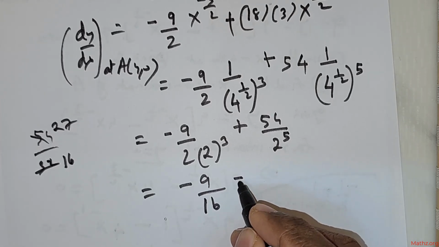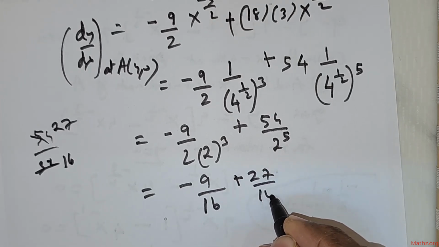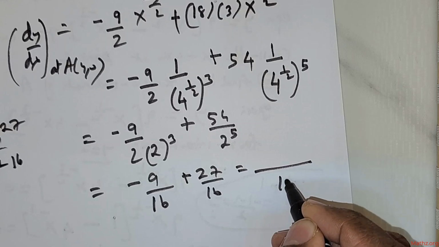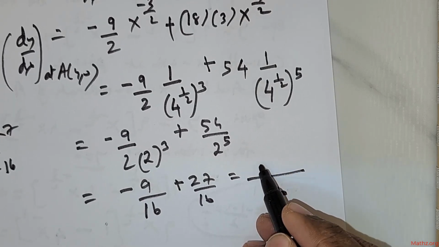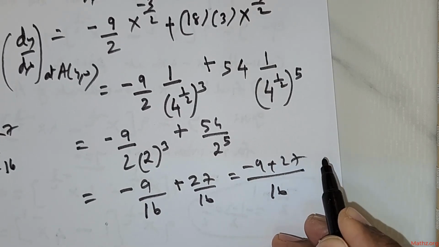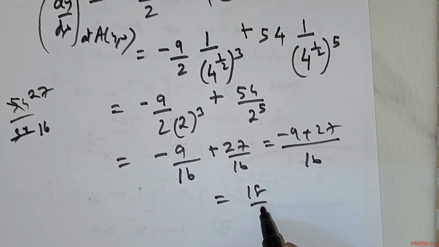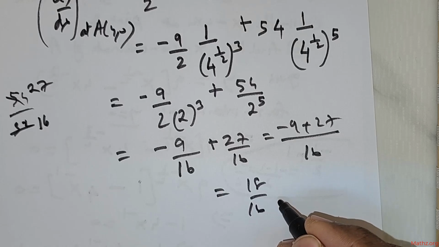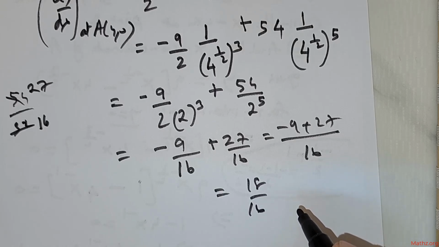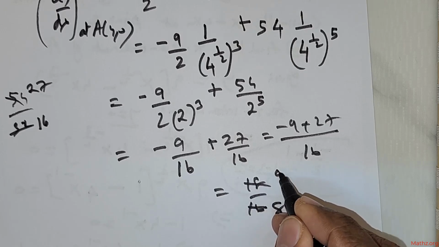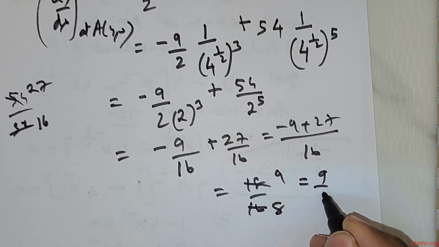So that's going to be 27 over 16. So if I were to take the LCM, you have 18 over 16, and if I were to use 2 divides 8 times, 2 divides 9 times. So this is going to be 9 over 8.